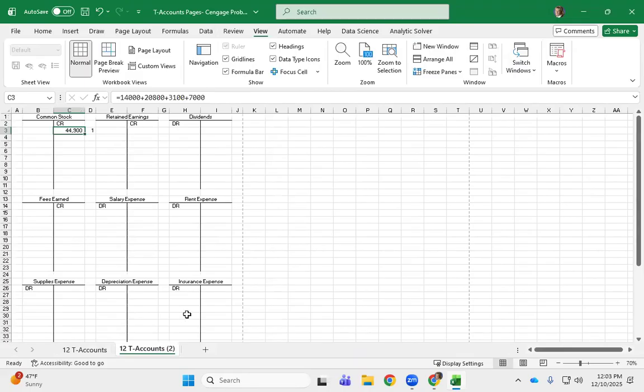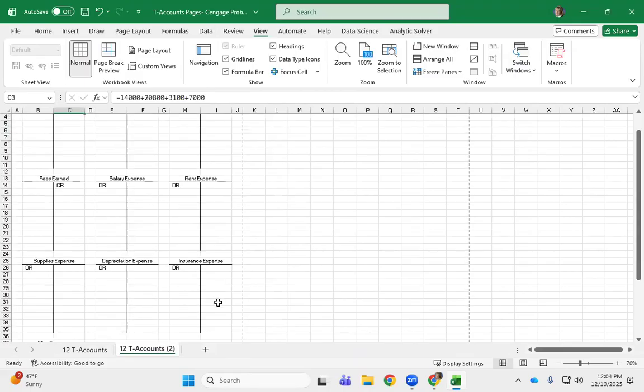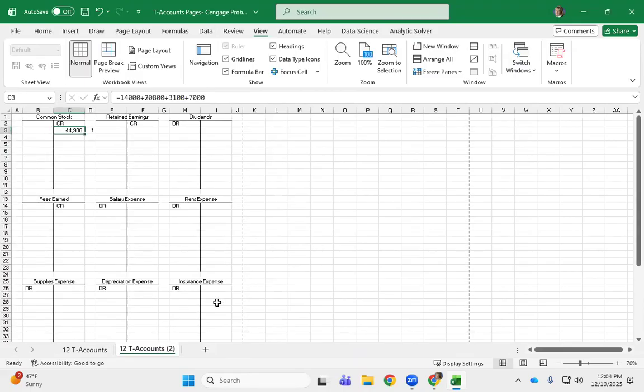Okay, so do we have an advertising expense account? Because we cannot put anything for newspaper advertisement. I'm not seeing an advertising expense account.